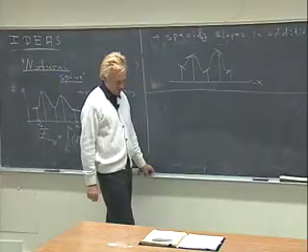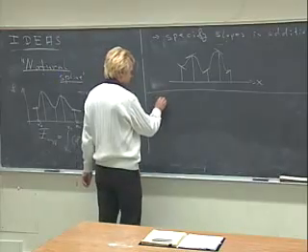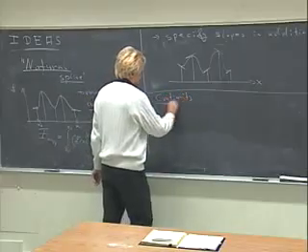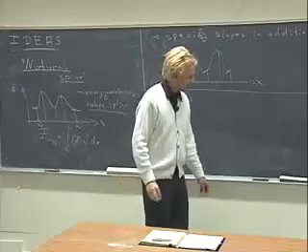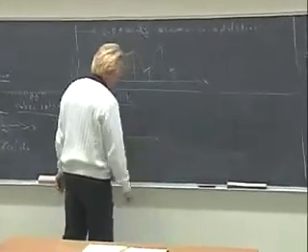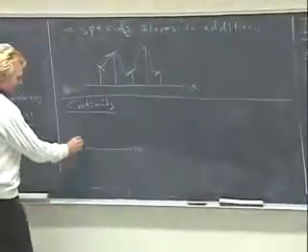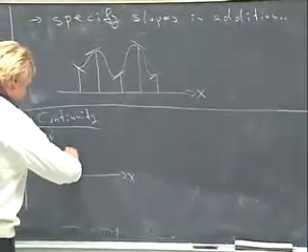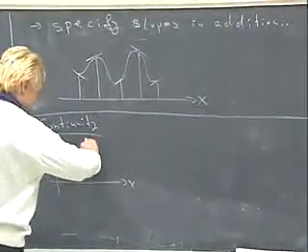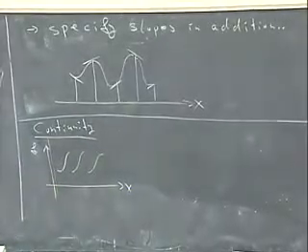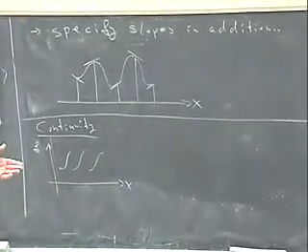Now we also come to the issue of continuity. I give you an x-axis, and I give you an f, and I give you a curve. Is this a continuous curve? Yes or no? No, it is not continuous.